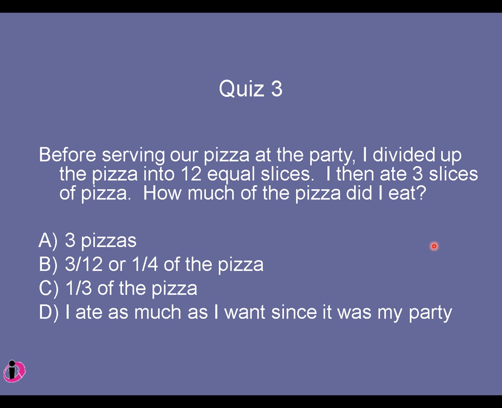So, okay, first of all, the pizza, we had 12 equal sizes. Look at the word equal, because it's equal size, that's important. And I ate how much? 3. So this is what I ate, right? Because out of 12, I ate 3.